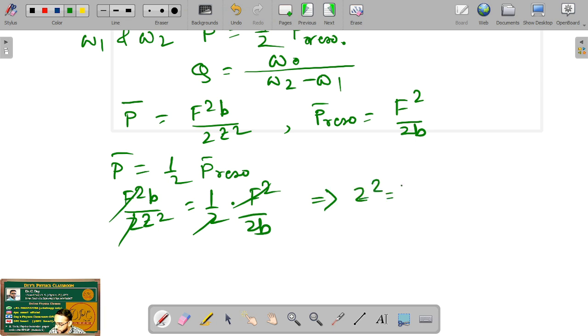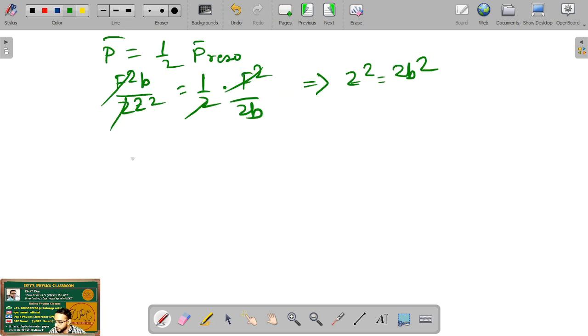Z square equals 2B square. We put the value of Z as k by omega minus omega m, whole square, plus B square, which equals 2B square.